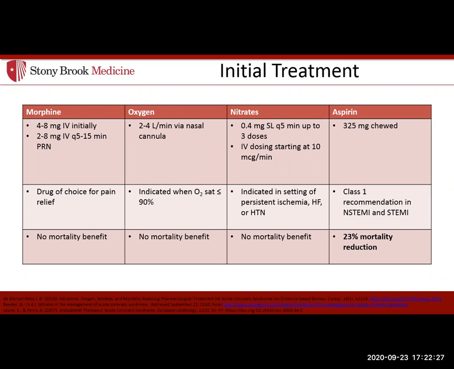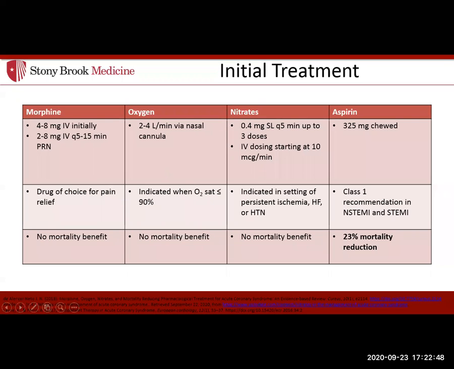And this is important to keep in mind because it was found that if it's used in patients who don't meet this criteria, it may actually precipitate recurrent MIs. That's why we have these guidelines on when and when not to use medications, because they all have that risk versus benefit. And in this case, there was no mortality benefit found with oxygen.